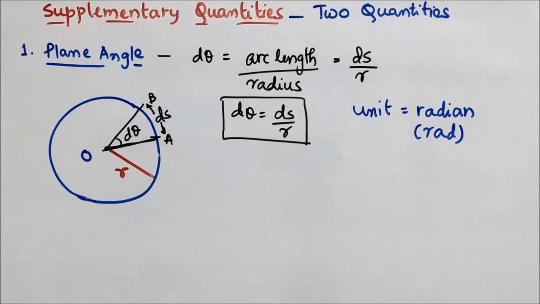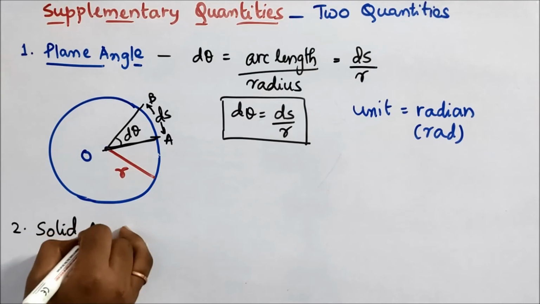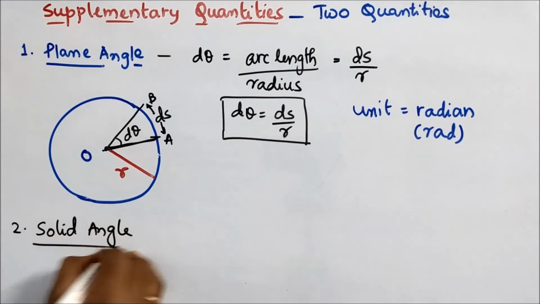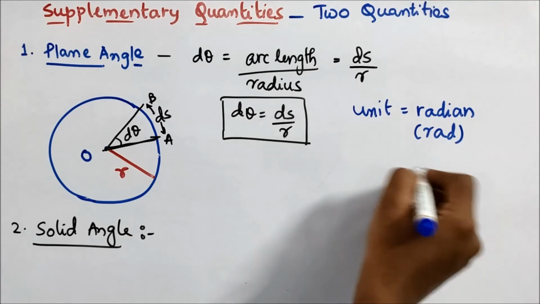And the second one which we have is called solid angle. To understand solid angle, you need to consider a sphere.